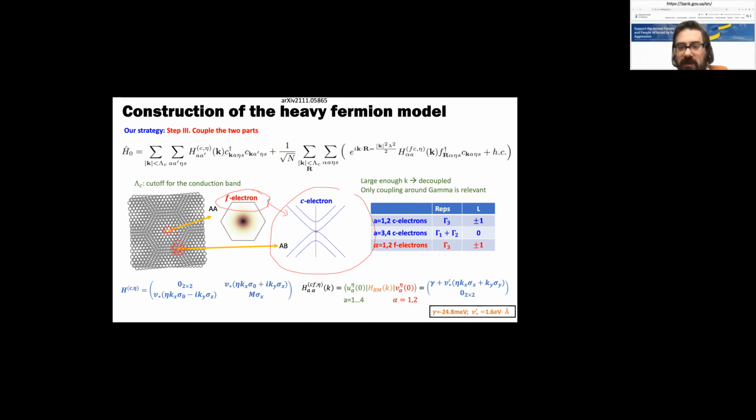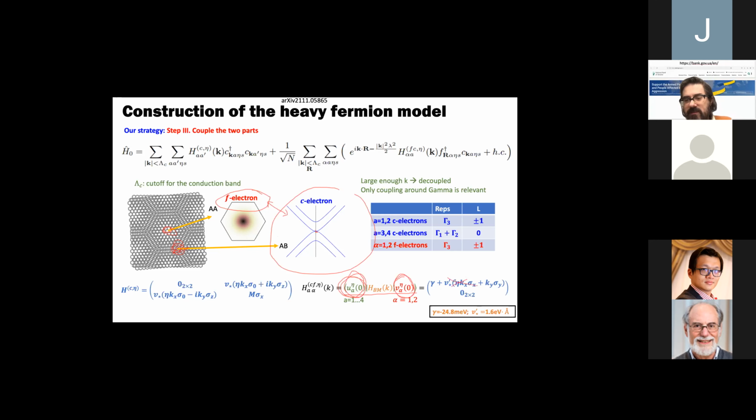And this coupling, you can again get it from the Bistritzer-MacDonald model by projecting the Bistritzer-MacDonald model into the heavy fermion band, which is f, and the conduction electron bands, which are called c here, and it has a very simple form. You can actually even neglect this. This is small, it's allowed by symmetry, but if you neglect this, it's just a constant.